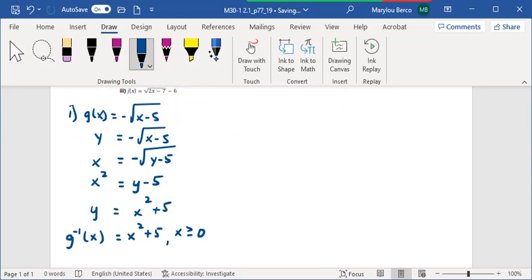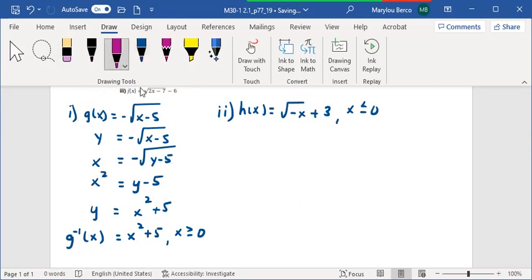Okay, let's take a look at 2. 2 states that h(x) = √(-x + 3). I forgot to state the restriction in the first example. So the restriction in this example is what's under the root has to be greater than or equal to 0.